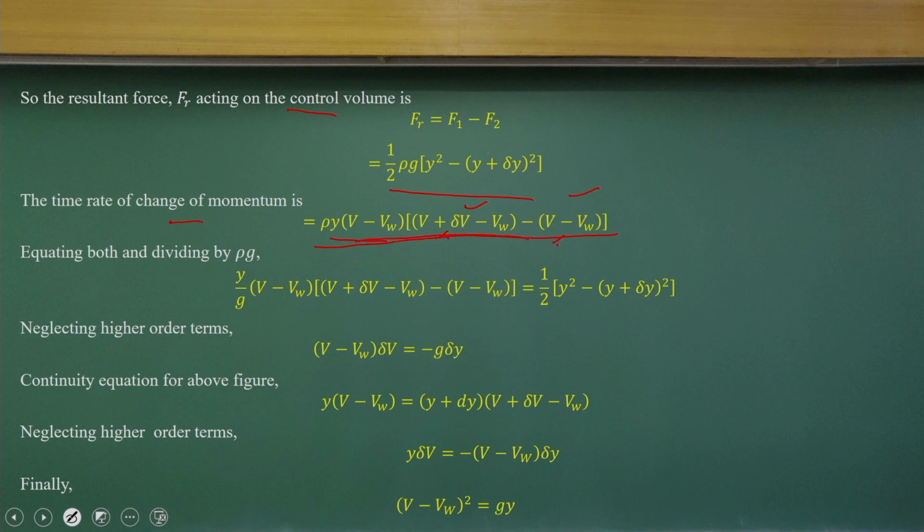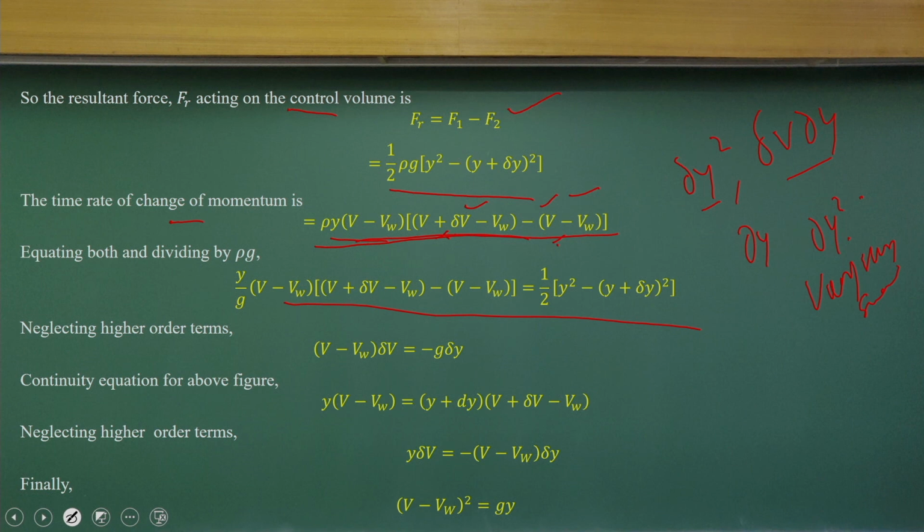If you use force equal to momentum flux, you will get these equations, a simple derivation. And I am neglecting very high order terms, like the multiplications of delta y squared or delta v and delta y, because delta y is small and delta y squared will be very, very small.